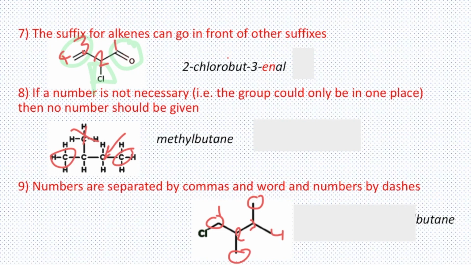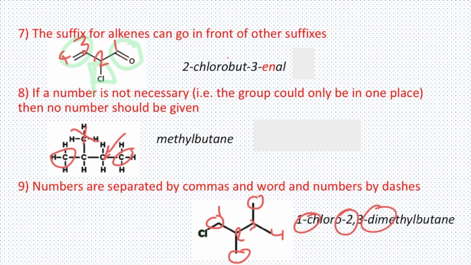Alphabetically, chloro comes before methyl, so it is going to be 1-chloro-2,3-dimethylbutane. And that just gives you the complete name. And you can see that where I've got a number and a word, they have been separated by a dash, which is there, there, and there. And any two numbers are separated by commas.